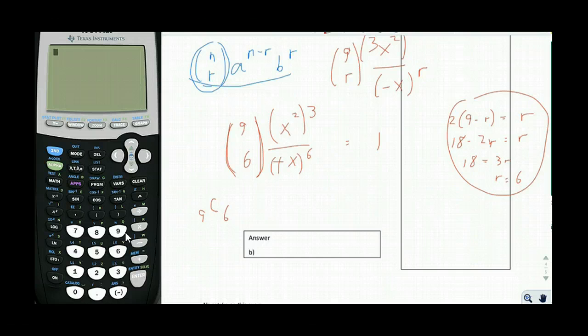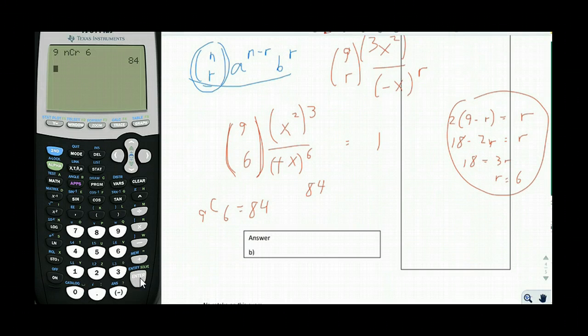So first we'll type in 9, and then we'll go to math, and then PRB, and then nCr, and then we'll put in 6. And that'll give us 84.